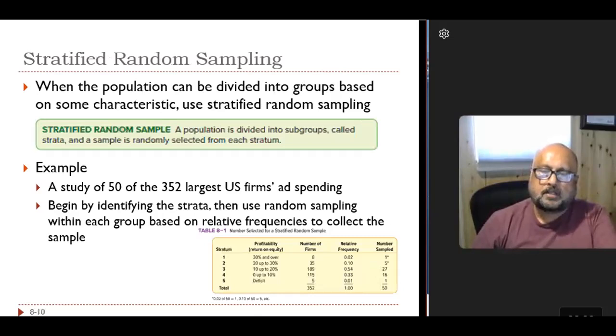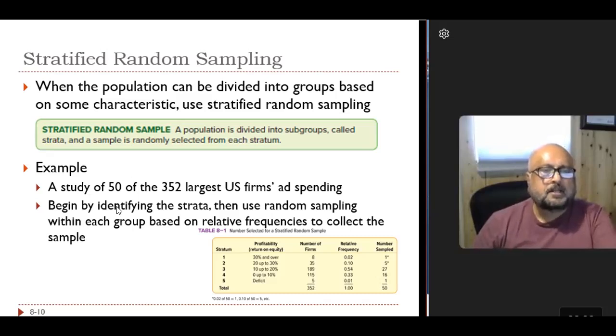Okay, now let's look at stratified random sampling. So what is stratified? As I said before, a population we divide into groups we call strata, and then we randomly select elements from each stratum, each group, basically.